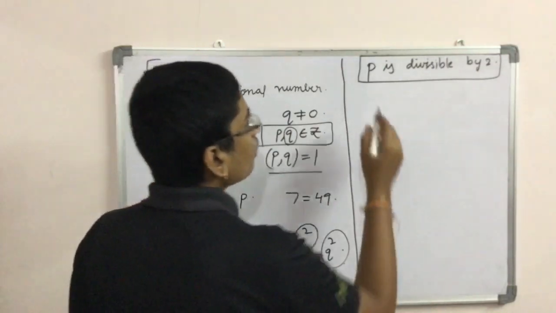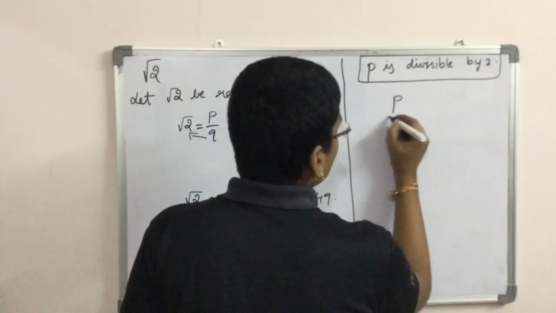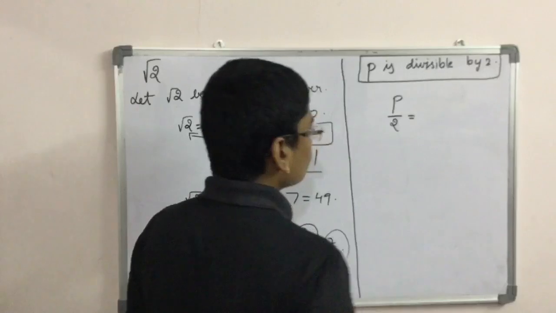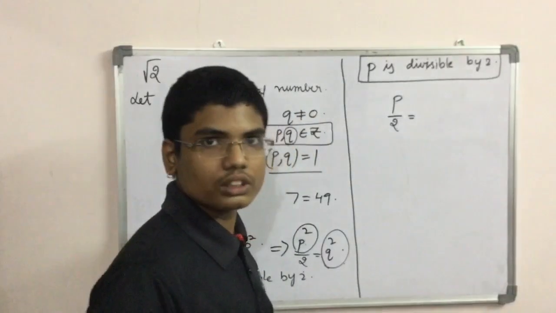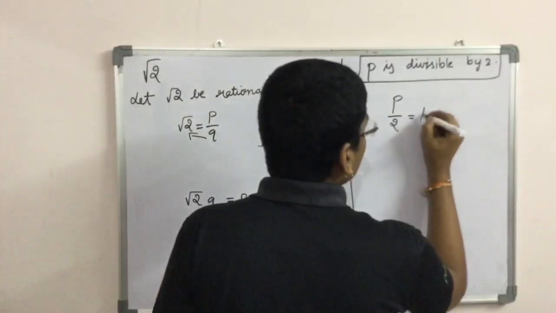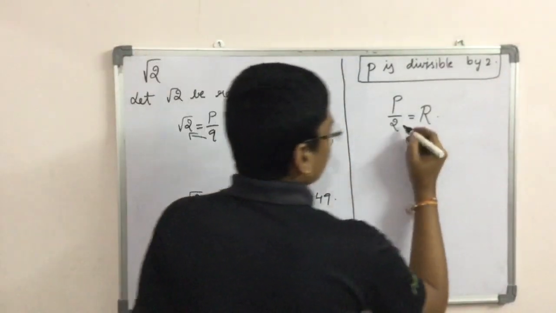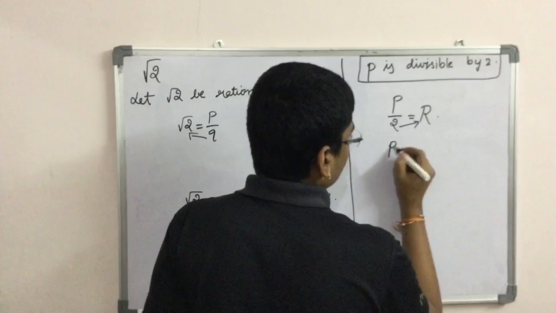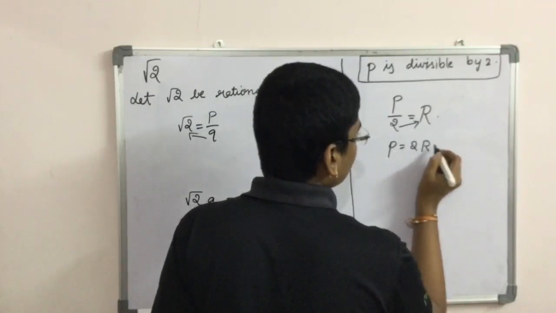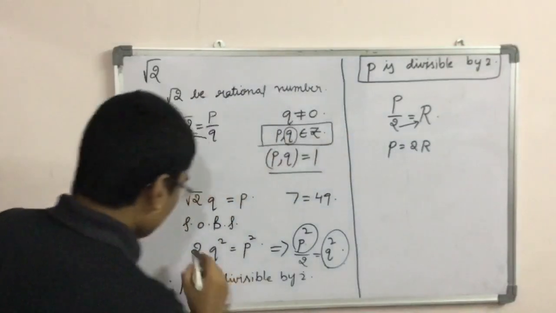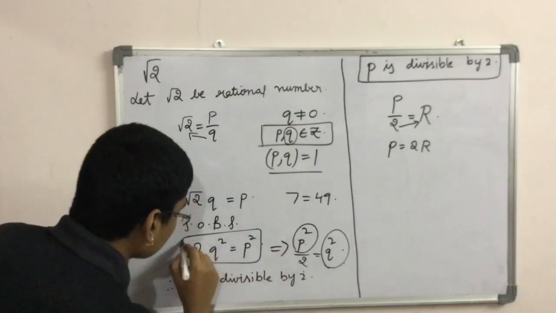Now whenever p is divisible by 2, then p by 2 gives us another integer, right? We'll consider the other integer as r. We'll consider 2 to the other side. P is equal to 2r. We'll consider this as our equation number 1.